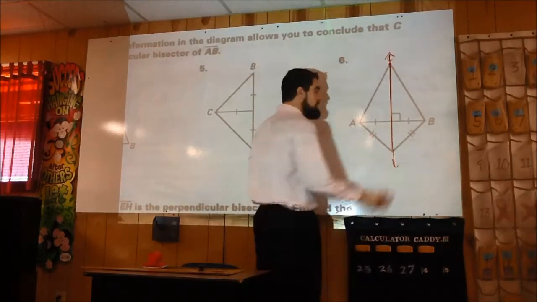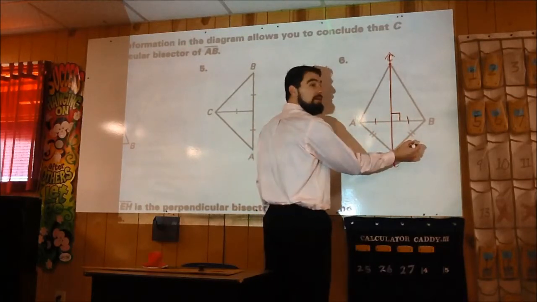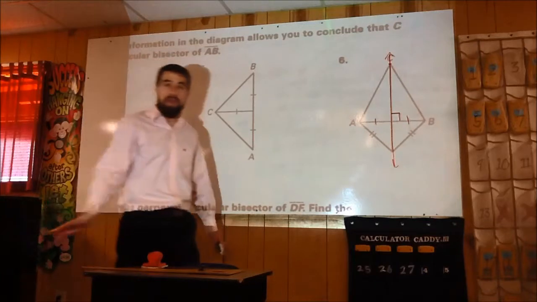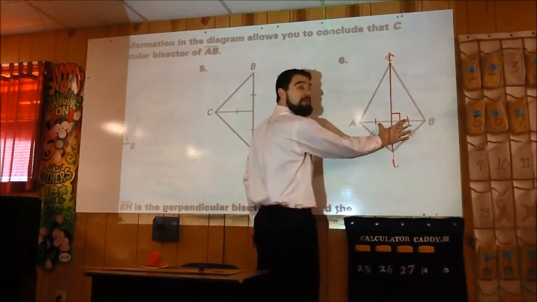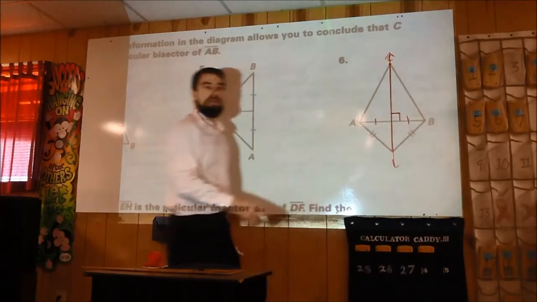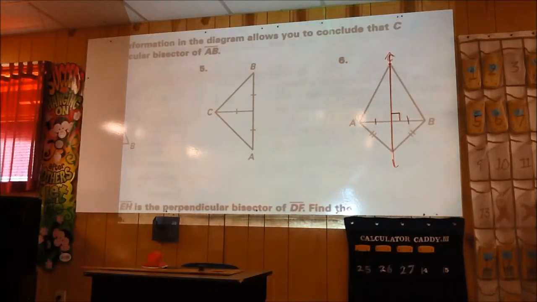Yes, absolutely. Because the diagram clearly conveys that this segment here is the perpendicular bisector, obviously point C is on that segment. So yes, item 6, there is enough information.